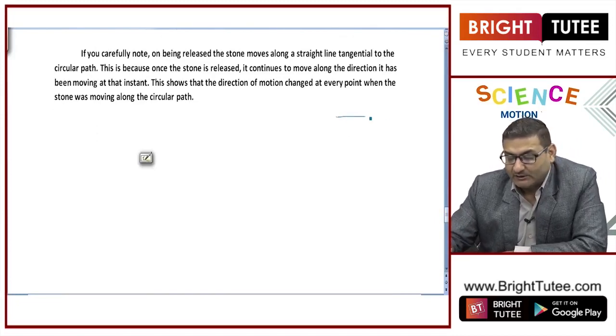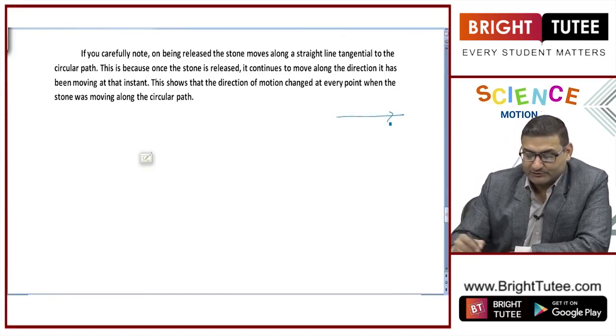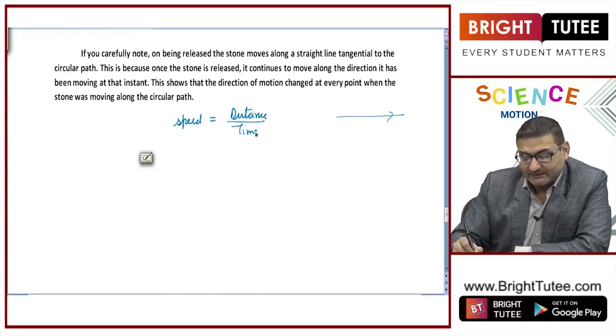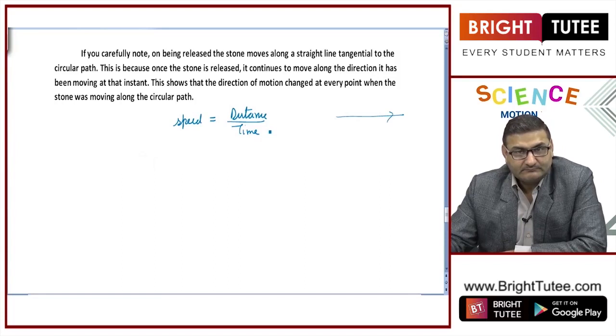Right. Now, we know that an object is moving in a circular path. Had it been a normal linear or straight line motion, then we know that the speed of an object is calculated by this formula, distance travelled upon time taken. Got it?